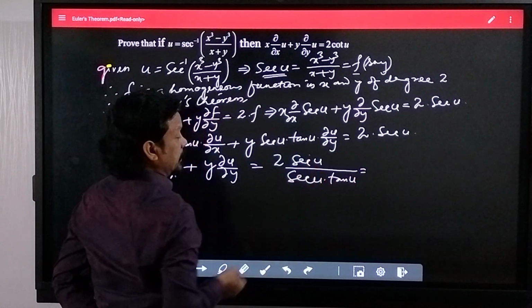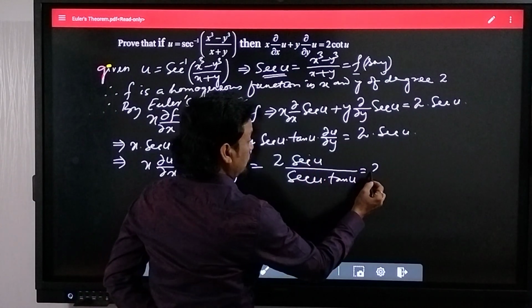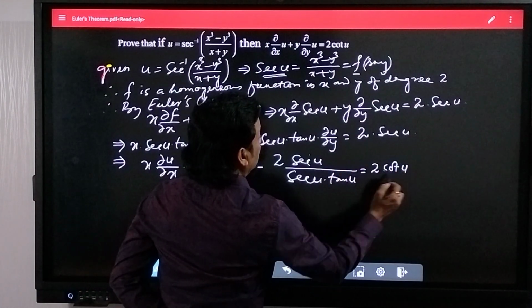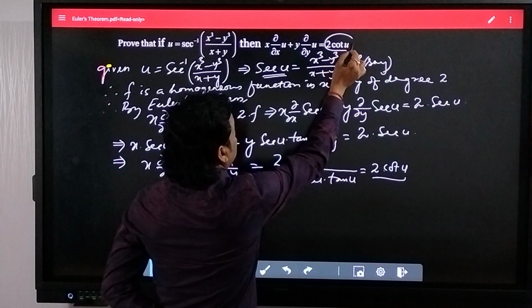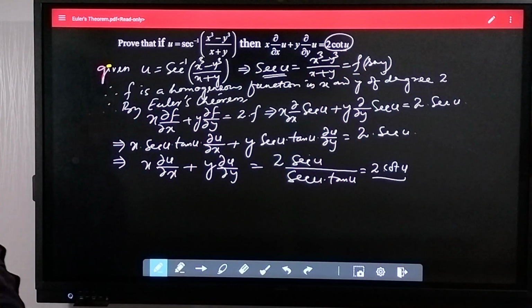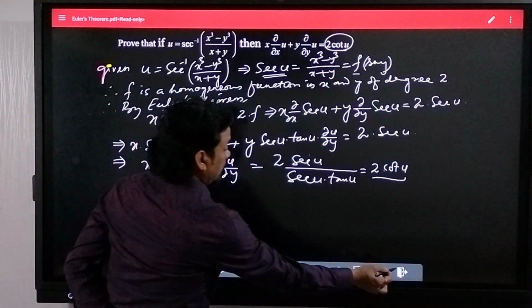So sec u cancels out, remain 2, and 1 by tan u will become cot u. 2 cot u. Here it is, the required value on the RHS is 2 cot u. Okay, let's see another example.